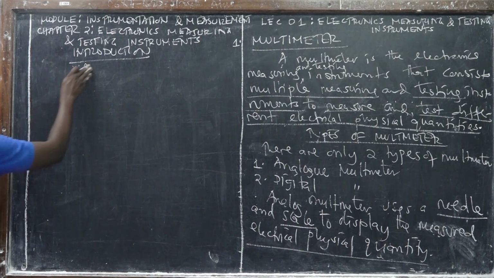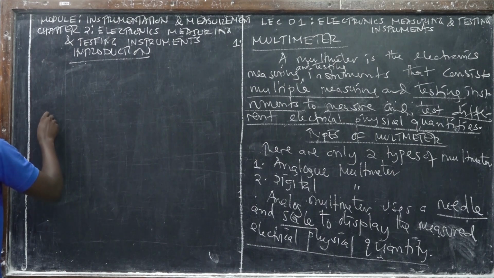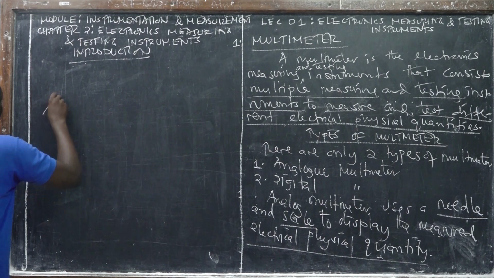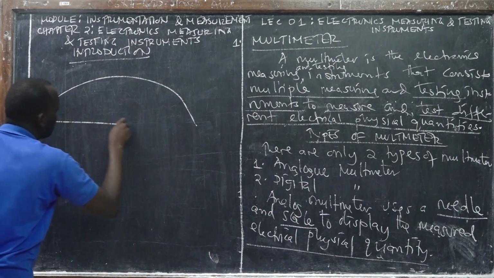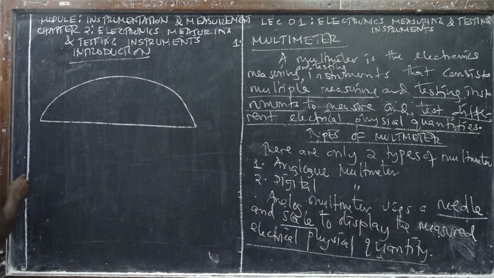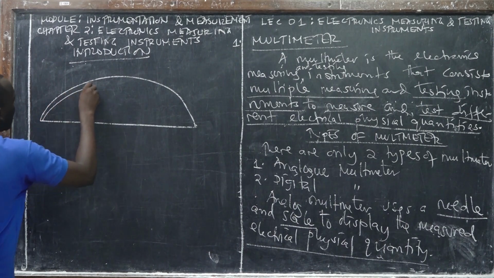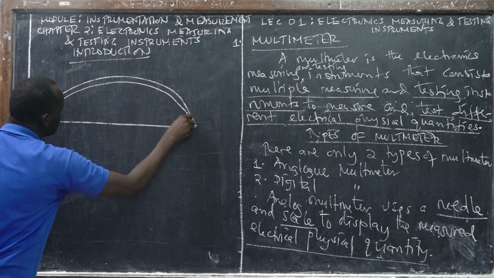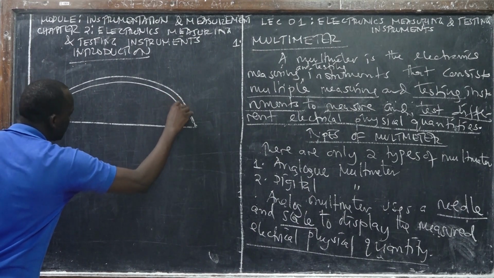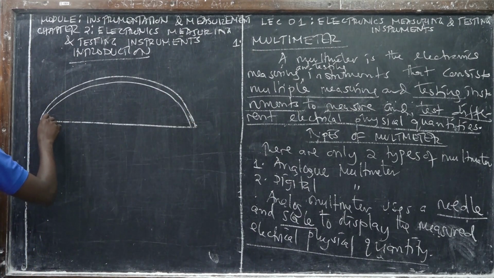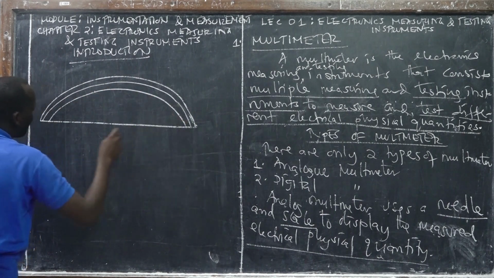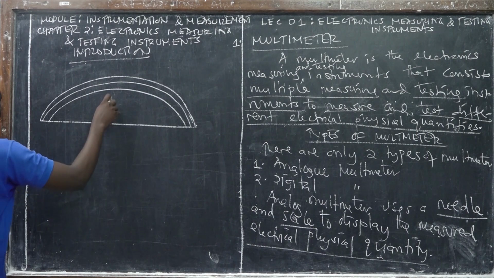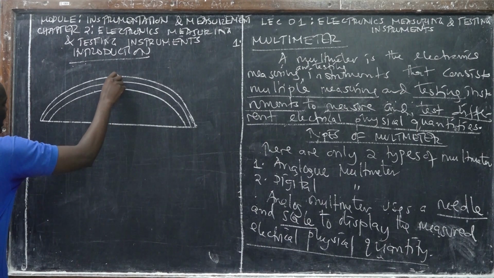When you talk about the scale, just to show you, this is the scale, and this is one of the lines. You have a photo of it. Let's say there is a needle.